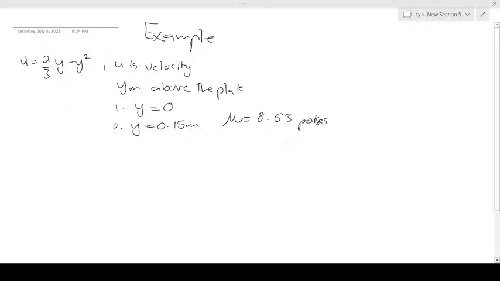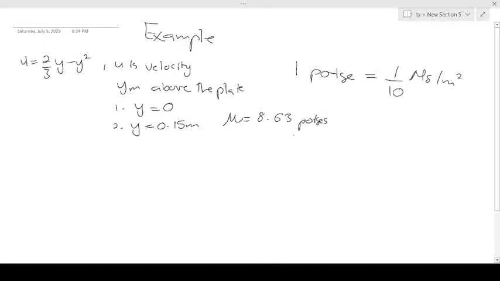Okay, so we are seeing a new unit over here, poises. And for poises, 1 poise is equal to 1 over 10 Newton second per meter squared.